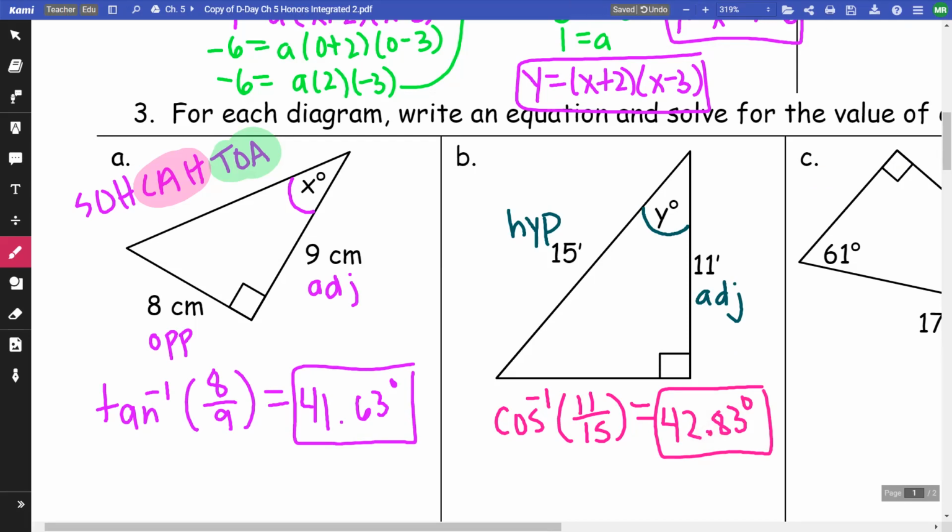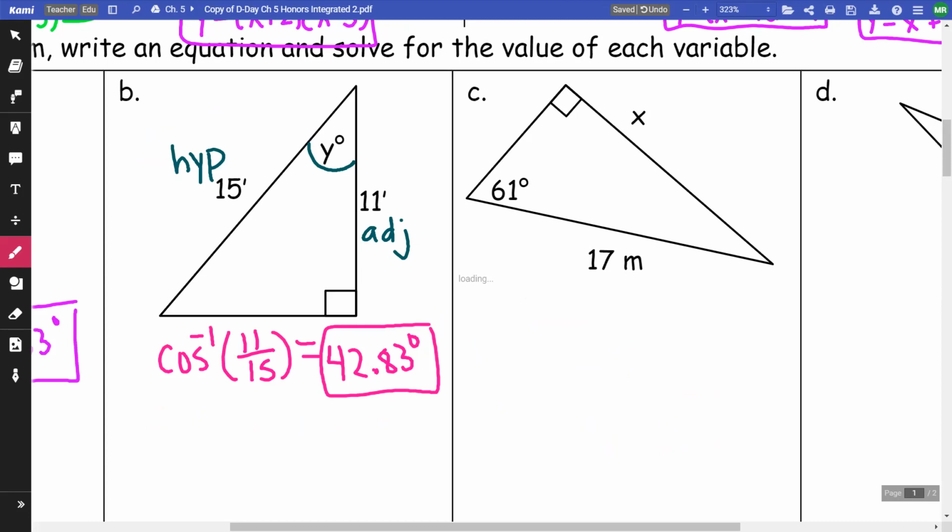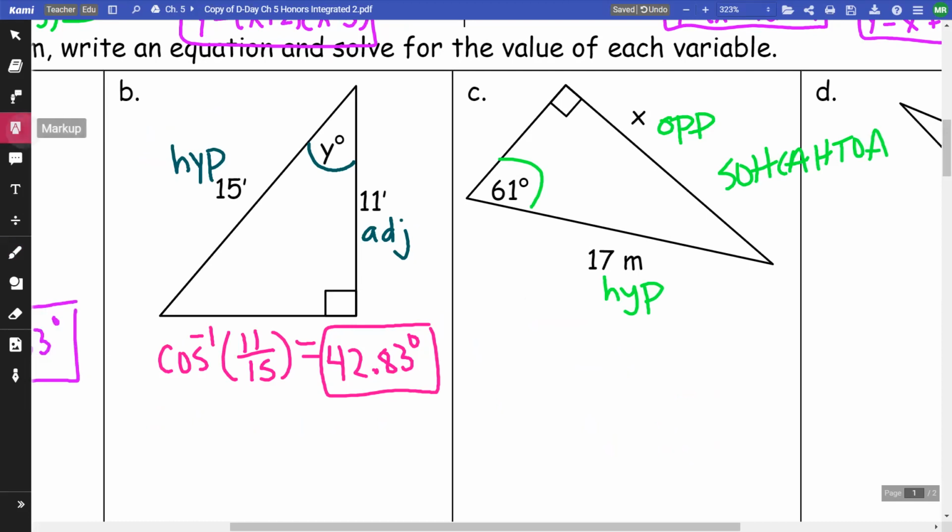On letter C, I'm trying to find a side this time. And so when I'm looking at this from this angle, this is going to be opposite. This is going to be hypotenuse. So if I'm thinking of SOHCAHTOA, I am looking at opposite and hypotenuse.